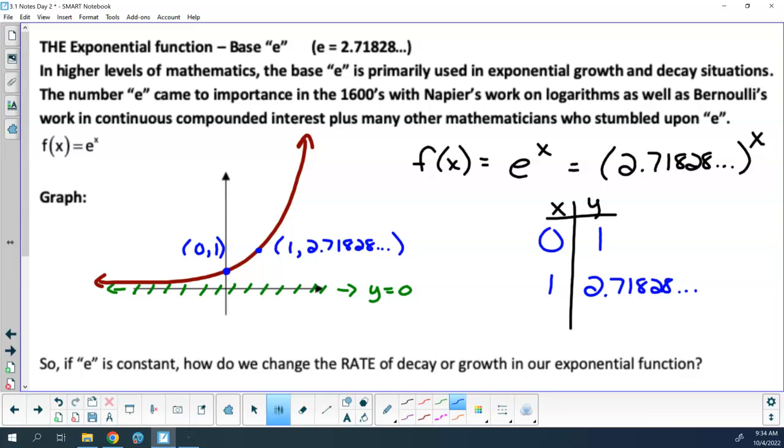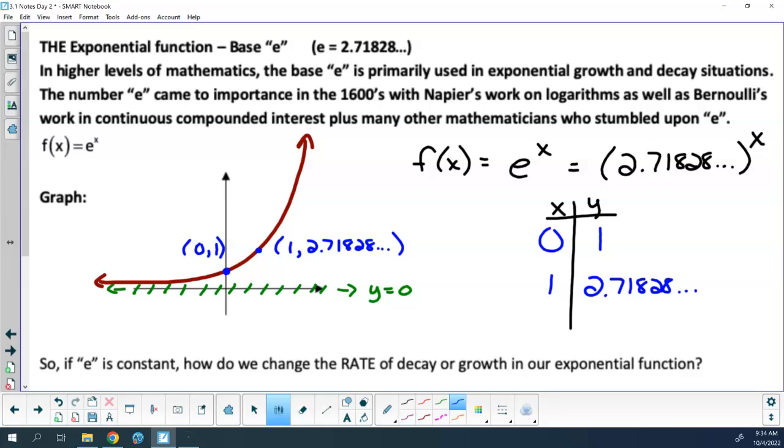No matter where you go in the world, no matter when you are in the world, e is always 2.71828. Always. No matter where you are.